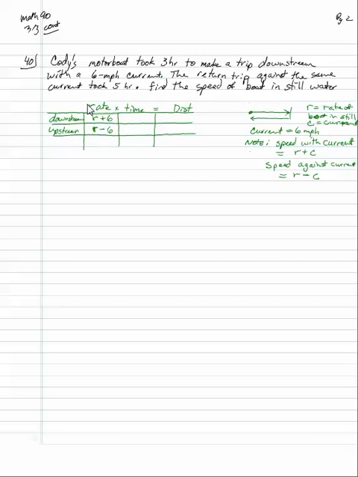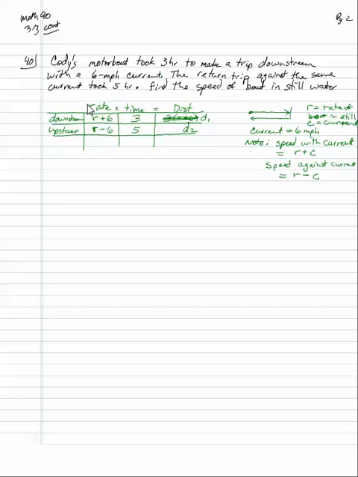The time going downstream was 3 hours. And the time going against the stream took 5 hours. Now remember distance equals rate times time, so distance is 3 times R plus 6. Oh, you know what, I forgot, this section we want to use two variables. So we'll use D sub 1 and D sub 2.